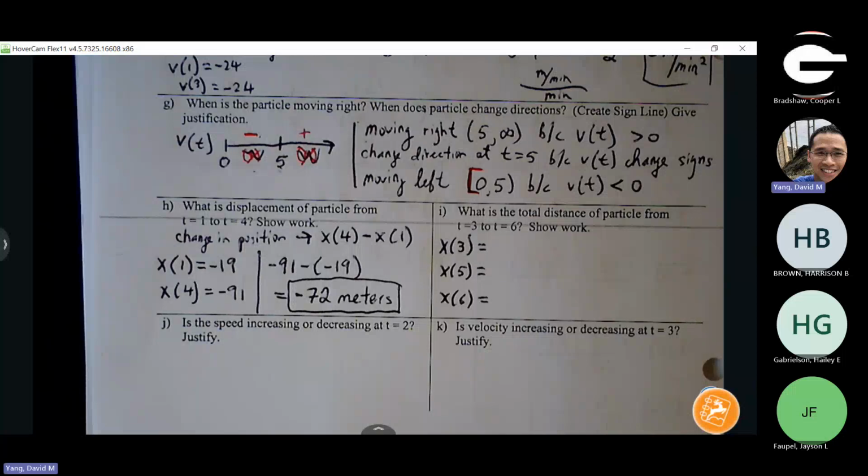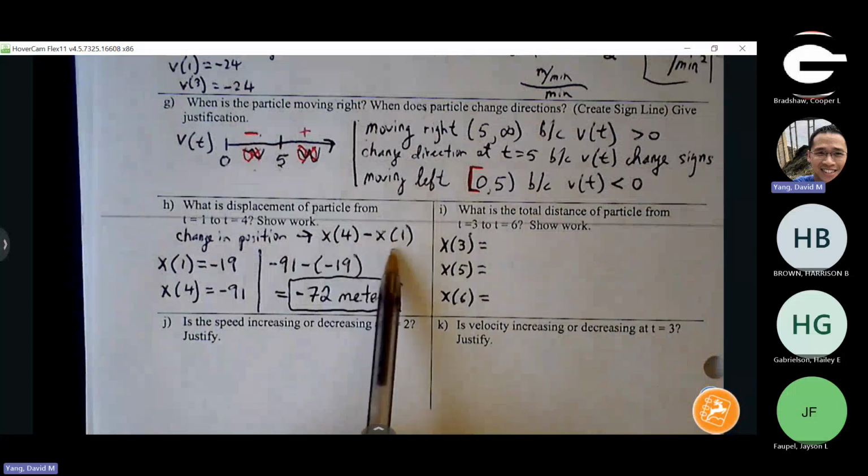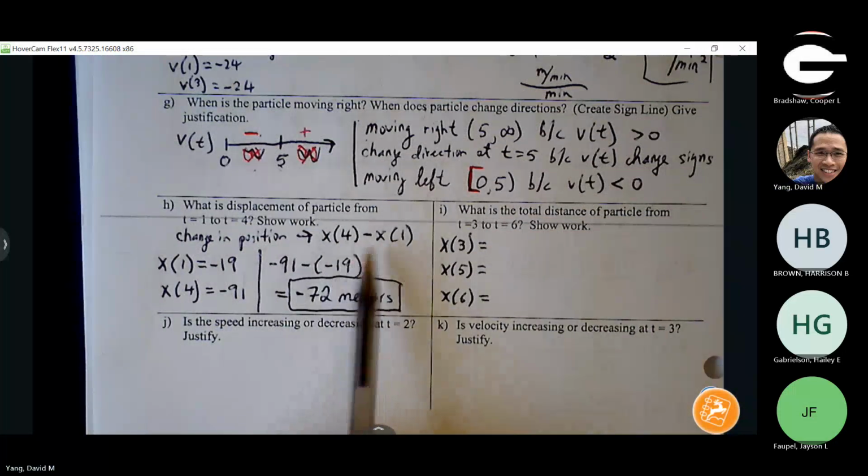If there was not a change in direction, then it'll just be the same formula as displacement, and then make the number positive.